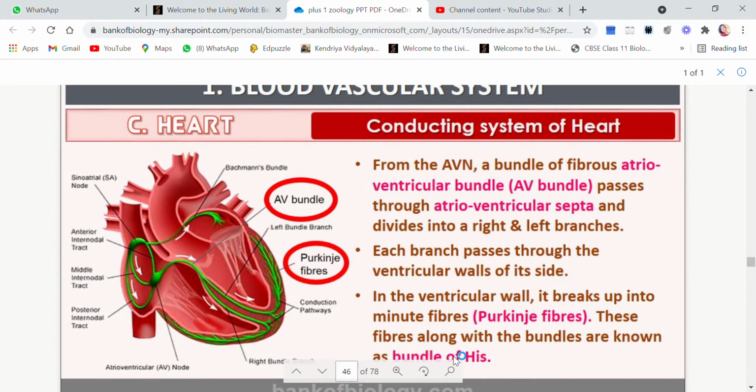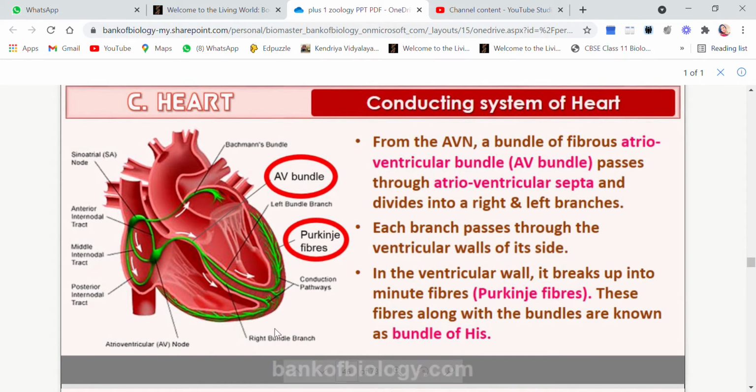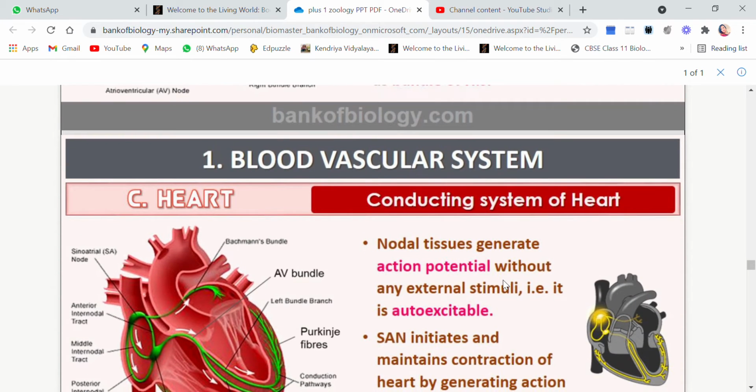These fibers plus this AV bundle, collectively both of them are known as the bundle of His, right?